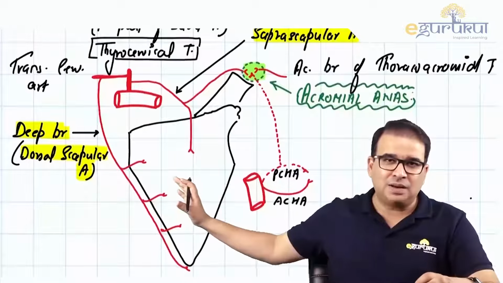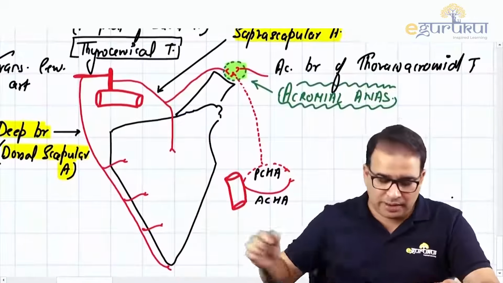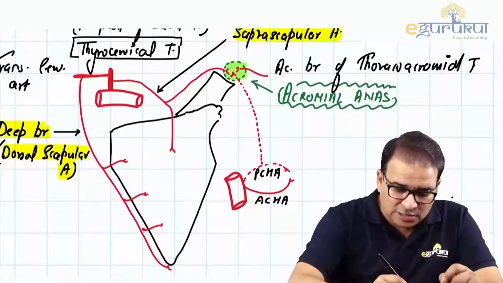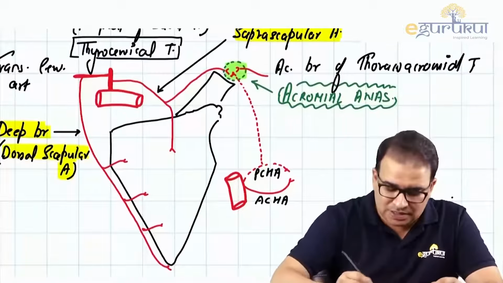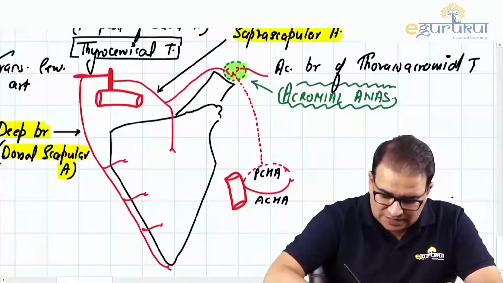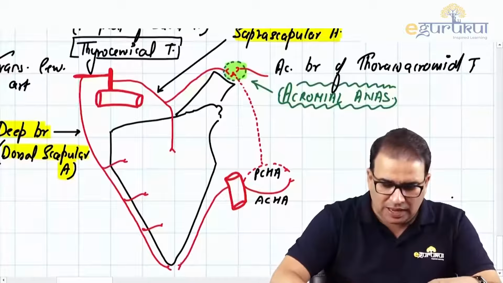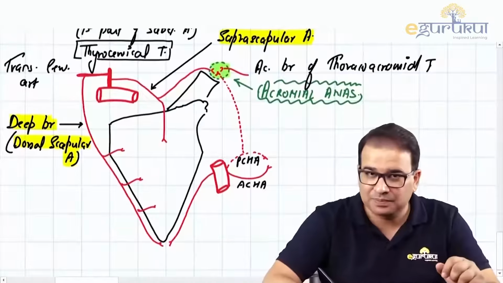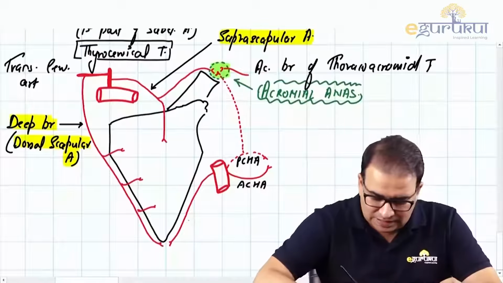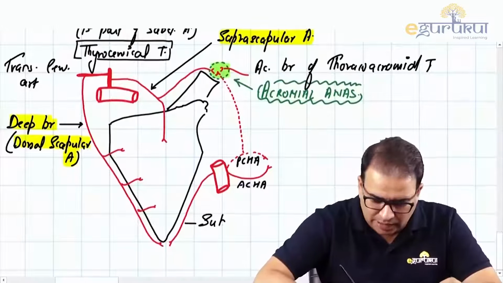Now what branches are participating in the anastomosis at the body here? Largest branch of axillary artery we said is subscapular artery. Now look at this. If let's say this is a subscapular artery, it will be running along the lateral border and going down, anastomosing at the inferior angle. What artery is that? This is the subscapular artery.